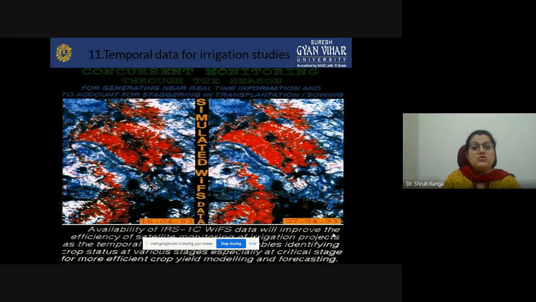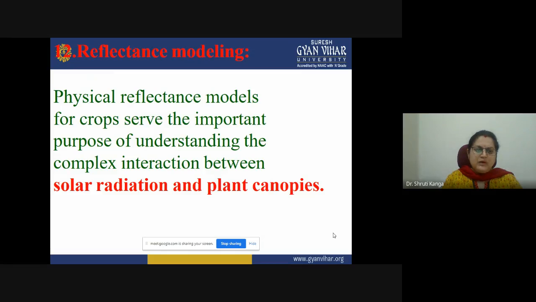So different kinds of temporal data can be used for different kinds of irrigation related studies. Then we can also go for reflectance modeling, where the physical reflectance models for crops serve the important purpose of understanding the complex interaction between solar radiation and the plant canopies.